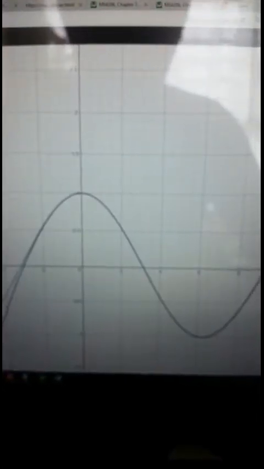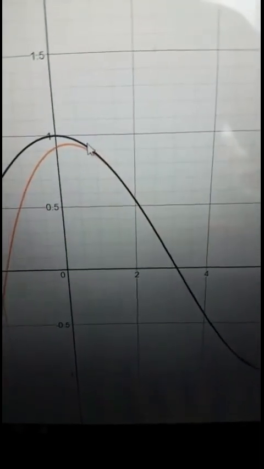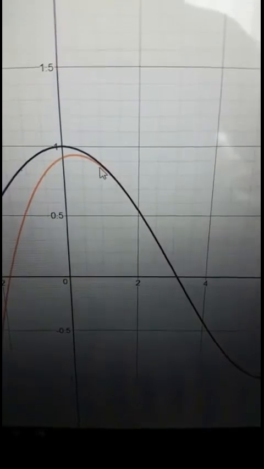Then for the next question, the three graphs seem to be exactly intersecting at x is equal to pi. Why do you think that is the case? The answer is that the value of x that we use is pi. Therefore all three graphs will seem to be intersecting, merging at pi.